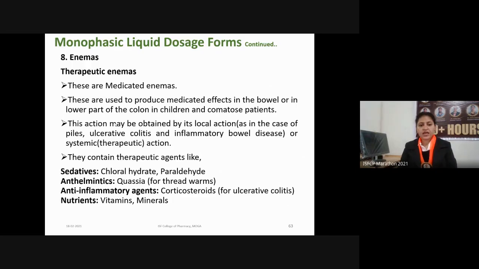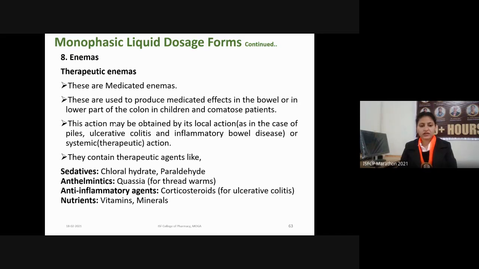This action may be obtained by local action, as in piles, ulcerative colitis, and inflammatory bowel disease, which can be treated, or systemic therapeutic actions can be achieved. They contain therapeutic agents like sedatives. Examples are chloral hydrate and paraldehyde.